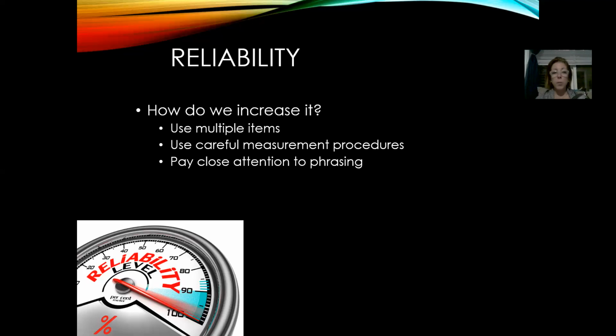For surveys, we also want to be really careful about how we phrase things, so the words that we use. There's a great study, I don't believe I've assigned it for this class, that suggests that if you thank kids for helping, saying thank you for helping to clean up, that is less motivational and they're less likely to help in the future than if you tell them they are a helper.